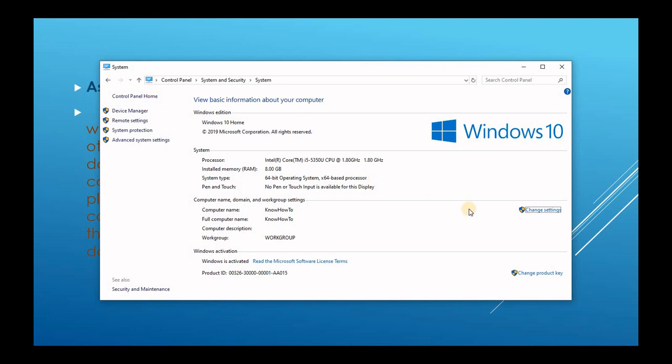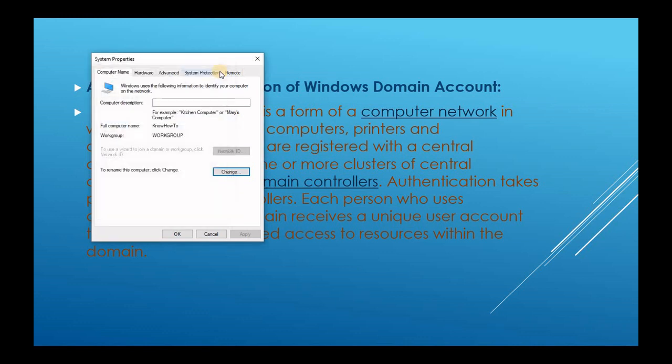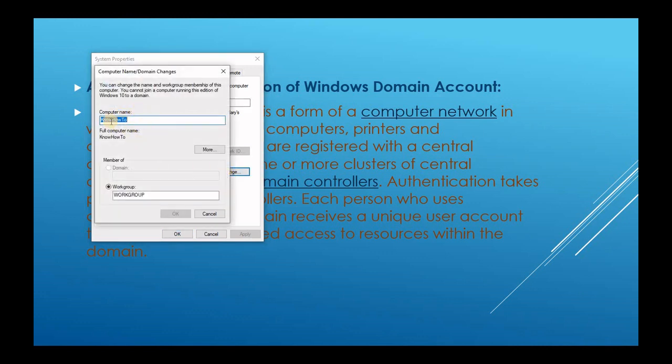Okay, now what I need to do is go to Change settings. In the change settings you will get the Computer Name tab, and in it you have to click Change. Here you can type your computer name, you can change your computer name, and you will see whether this particular computer is a member of a domain or workgroup.